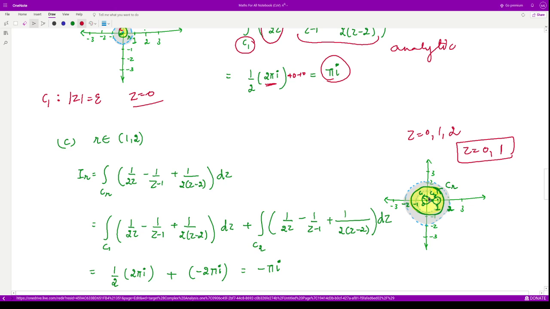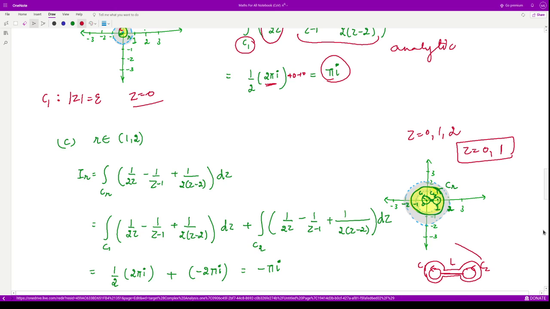So what we do, we create two circles, C1 and C2, and we join them through a line L. This is line L, this is C1, and this second circle over here is C2. So we have converted this region again into a simply connected region, using this technique.